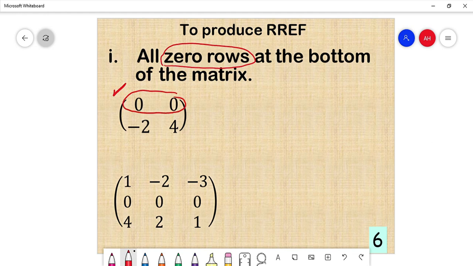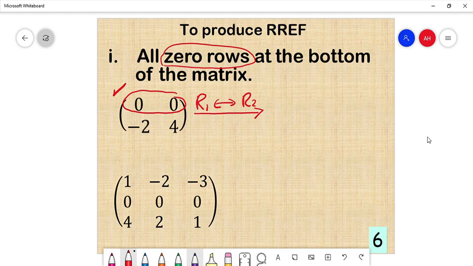Therefore, row number 1 is a 0 row. To fulfill the requirement, we have to move this 0 row to the bottom of the matrix. So we have to use the first operation in elementary row operation, exchange between two rows: exchange between row 1 and row 2.